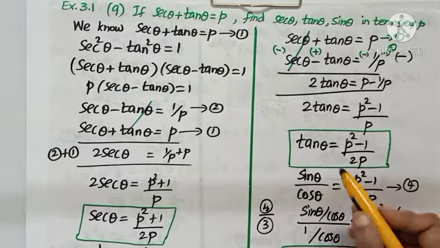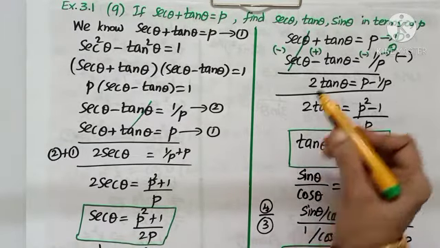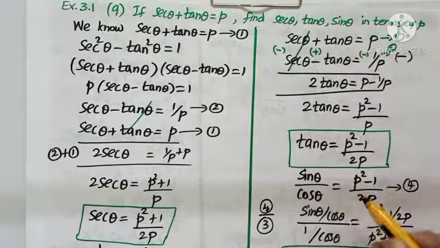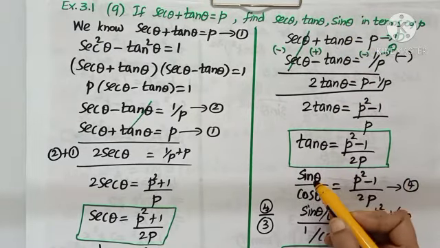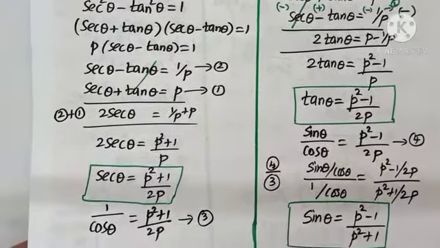Now that we know what is tan theta, we know what is secant theta. We need to find sin theta. How to go about it? Write tan theta as sin theta by cos theta. How will you write secant theta? It is 1 by cos theta. Now I know 1 by cos theta. I know sin theta by cos theta. Divide sin theta by cos theta by 1 by cos theta.